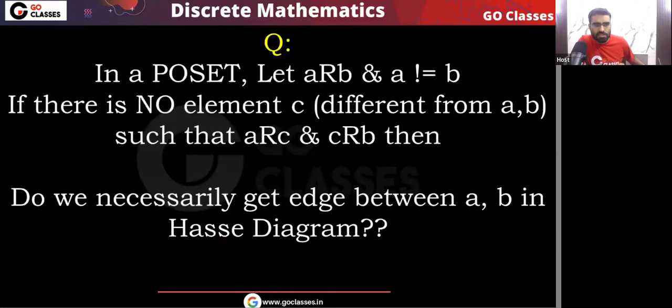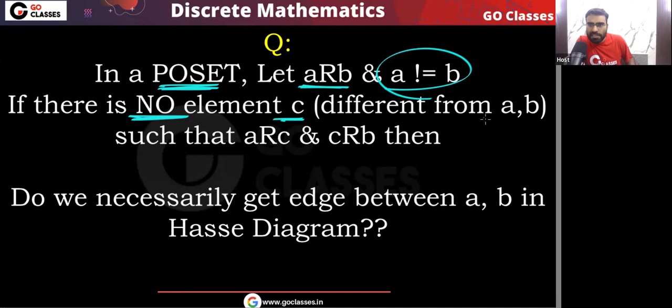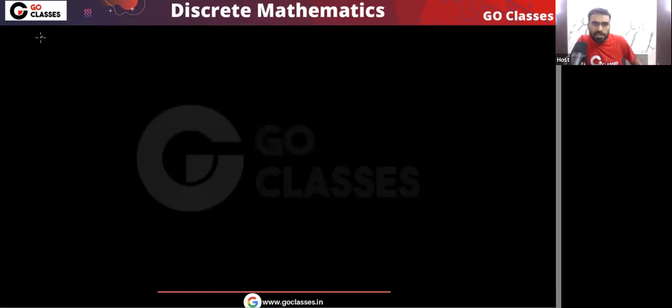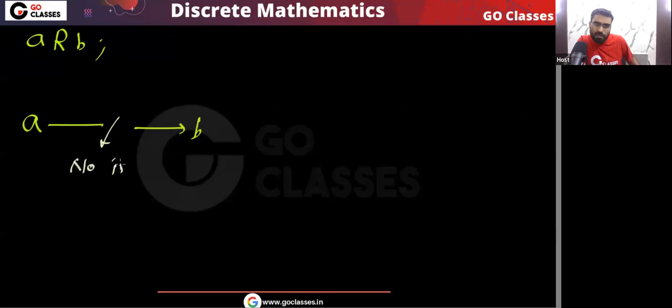Tell me the answer for this question. Again, you have a POSET, A is related to B, A is not equal to B. There is no element C different from A, B such that A is related to C, C is related to B. Basically, the question is saying A is related to B and there is no intermediate element.